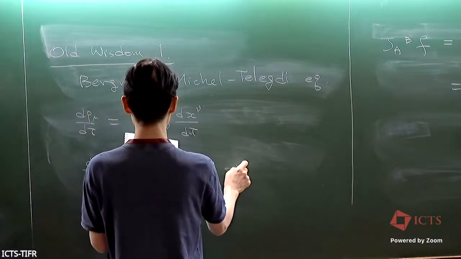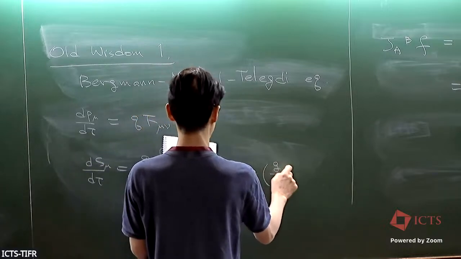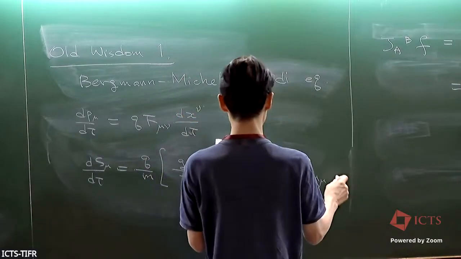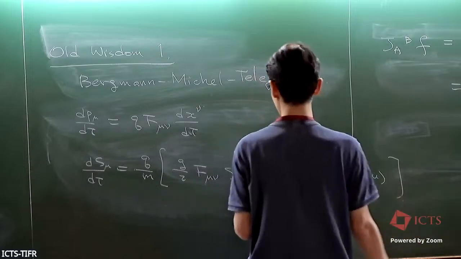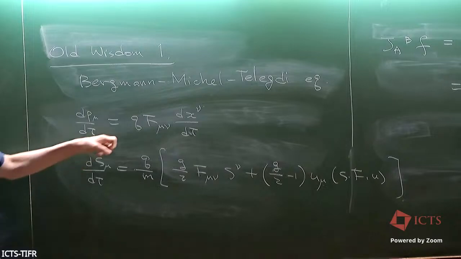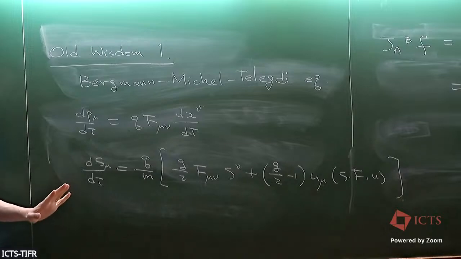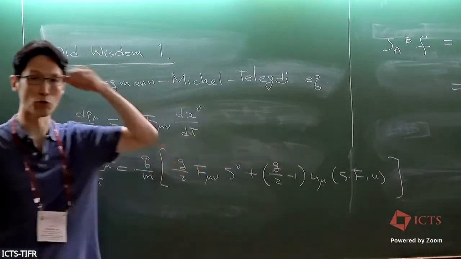So up to linear order in spin and linear order in field strength, they show that the equation of motion for the spinning charged particle should take this universal form. And in addition to the charge, there is only one free extra parameter you can add, which is nothing but the gyromagnetic ratio, g.